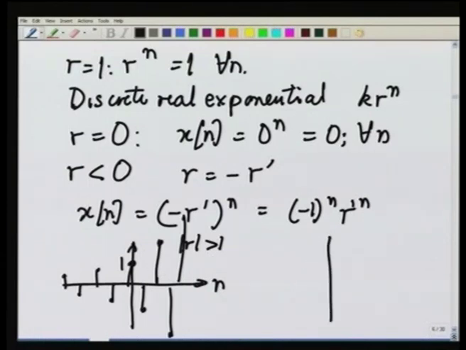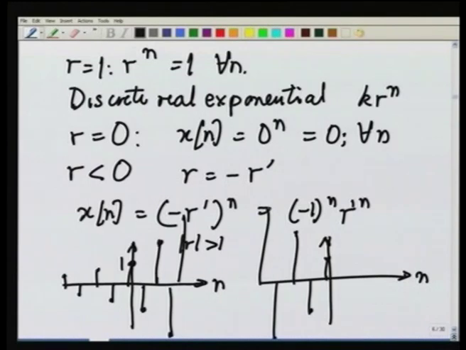For mod r less than 1, that is for r lying between minus 1 and 0, we would get, and for the right side we would have, this.